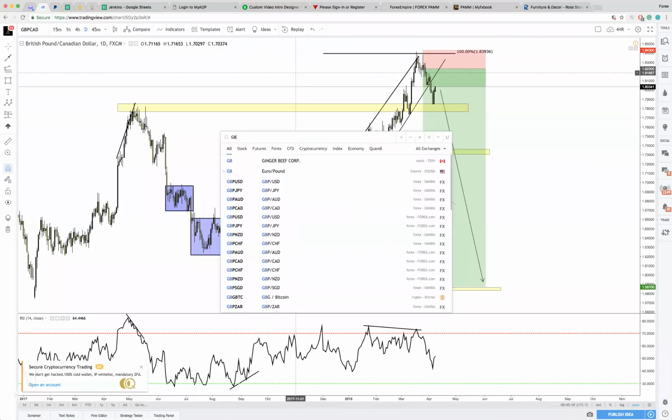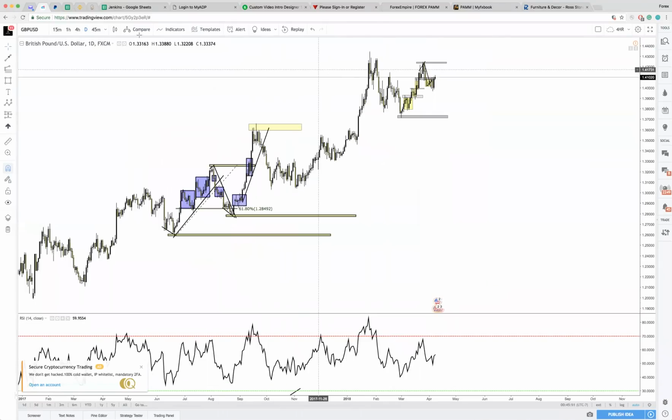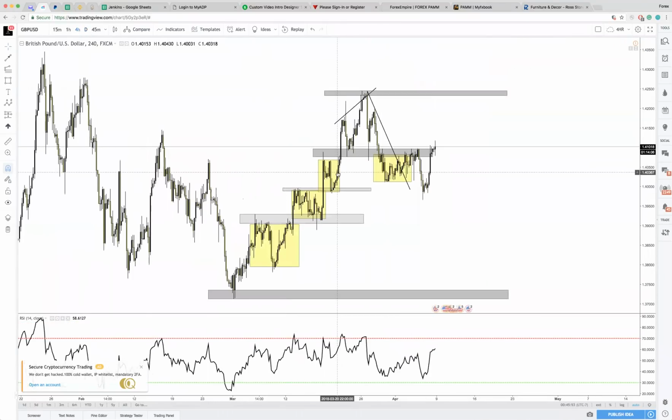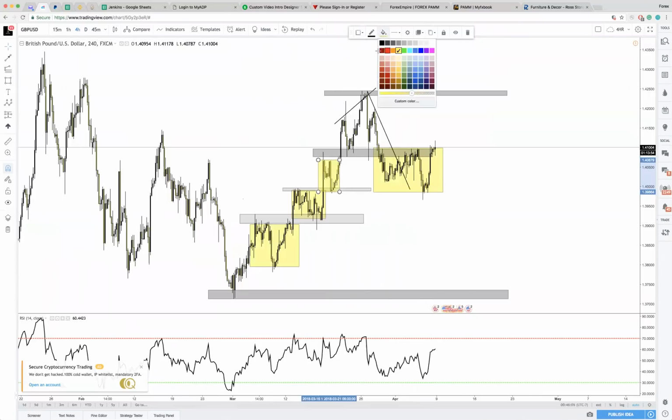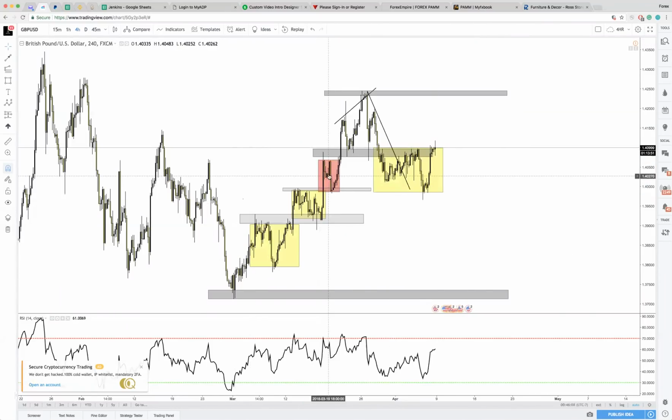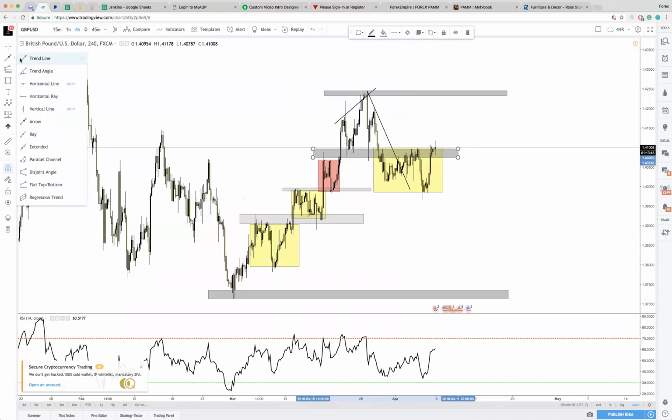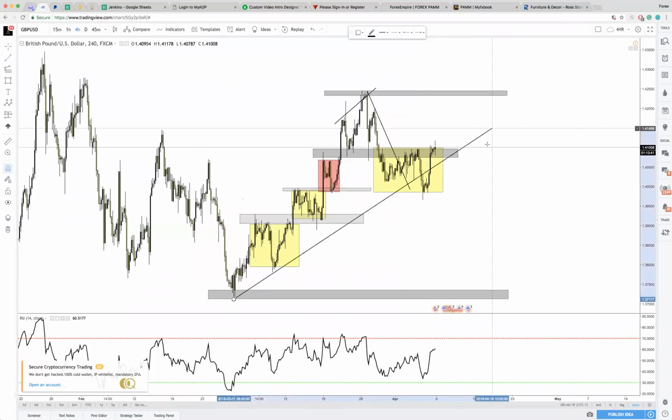Now, the last would be GBP USD. And we haven't seen anything appealing right now, but a nice level 1 is right here. This one is an extra level right here, so ignore that. But peak level 1, level 2, a nice M formation, a level 1 right here. So most likely the price will reject this level, but wait it out and see how it responds.